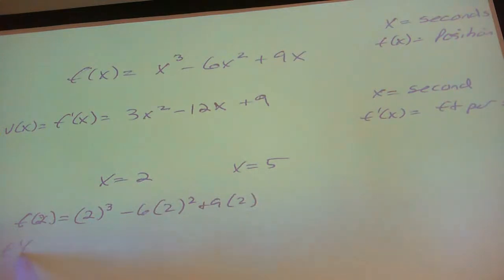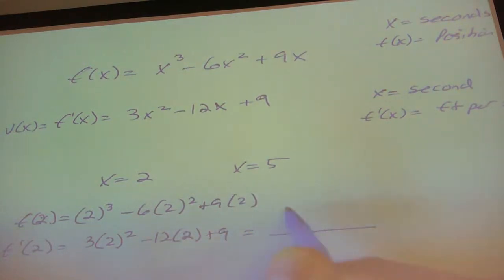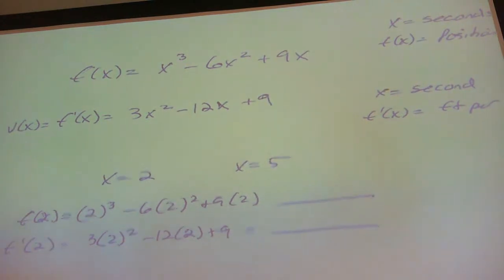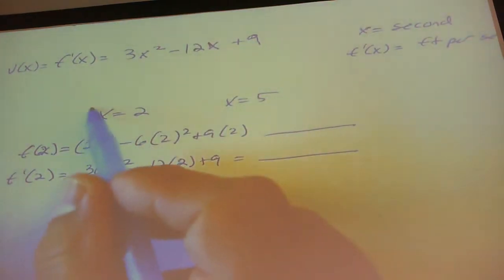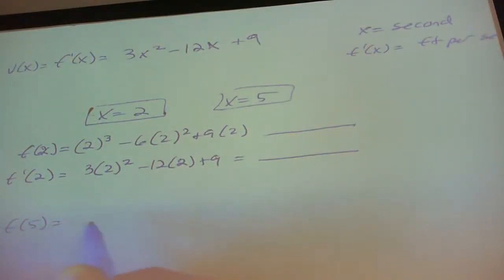And if I want to know the velocity at 2, I would plug it into the velocity function. And the same thing goes for 5. Now I'm showing all my work to show you where everything goes, so the answer just doesn't show up from magic.